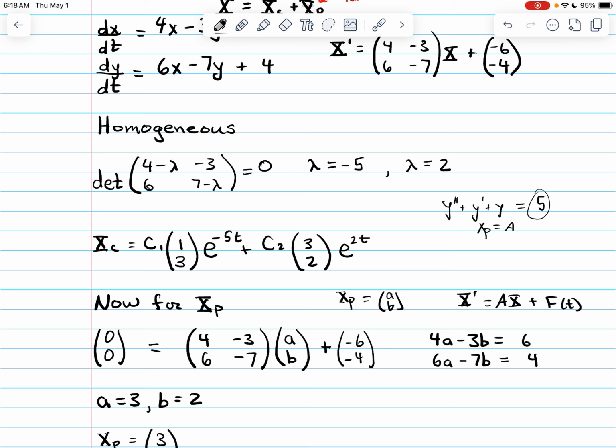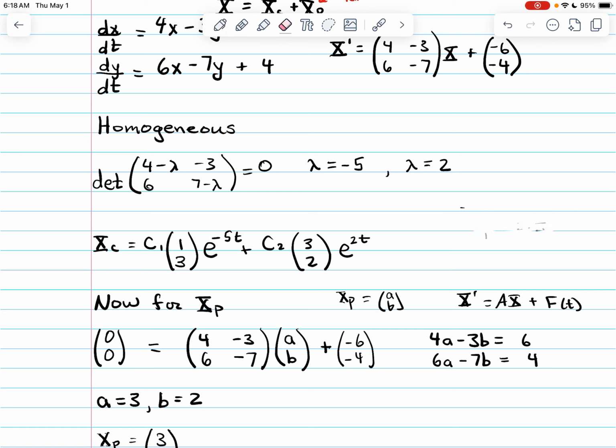Now, if we didn't have a constant, if we had something like 5t plus 4, we would speculate that the solution might be at plus b. And then we would take that and plug it back into our differential equation and see if we could solve for that a and that b. Well, that's what we did with undetermined coefficients.